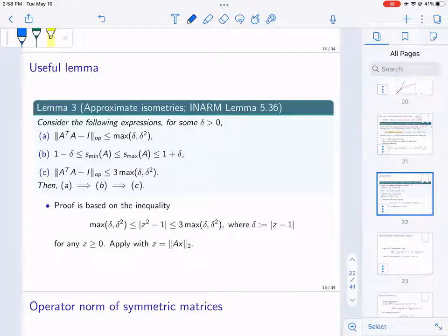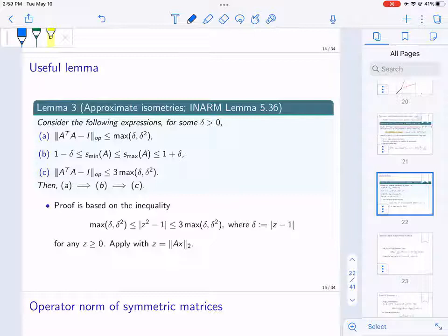If you set delta to be the absolute value of z minus 1, then this inequality holds. Think about this, this is just an arbitrary inequality. If this holds, and I apply this with z being this quantity, the claim is that this follows.